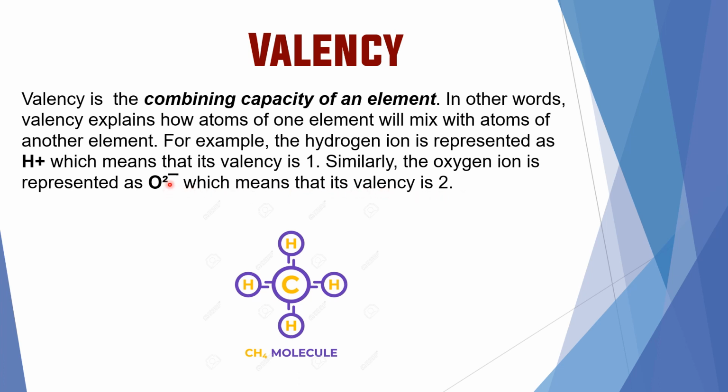Here O2 minus, so 2 is the valency of oxygen. Got it, children? Hydrogen has H plus, so plus means 1, valency is 1. Here O2 minus, so the oxygen ion's valency is 2. So that is valency. Valency is the combining capacity of an element.